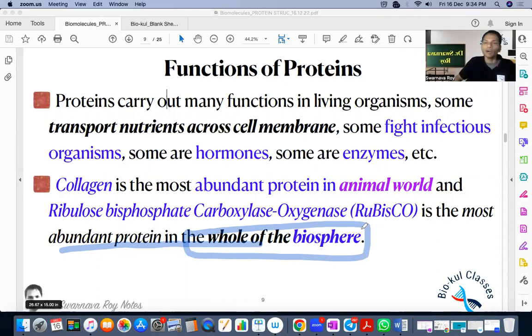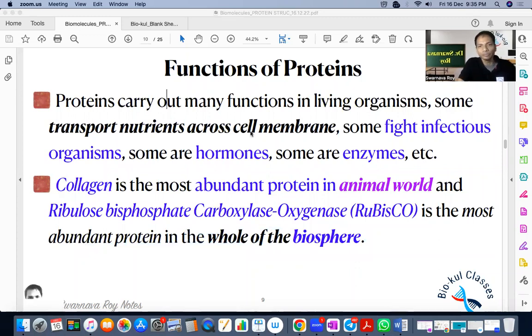So in the biosphere, Rubisco is the most abundant enzyme, or protein.